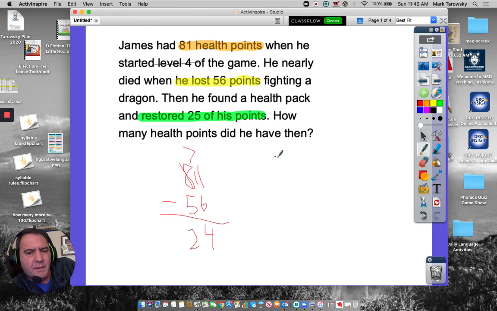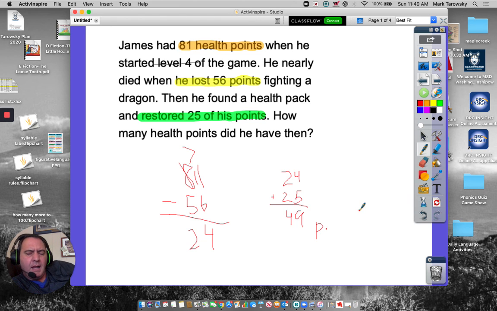But he found a health pack and got 25 more. So now we can take those 24 plus the 25 that he found. We're going to add those together because he's finding more. And we end up with 49 points. I'm just going to put a P for points.